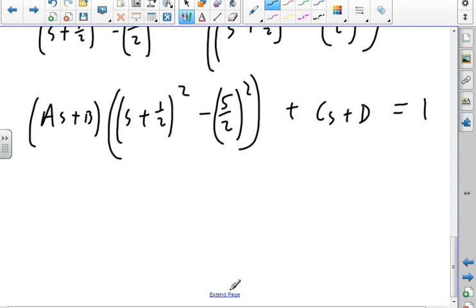I don't think that this is any different than I had before, is it? I mean, this guy down below is still going to be s squared plus s minus 6, right?